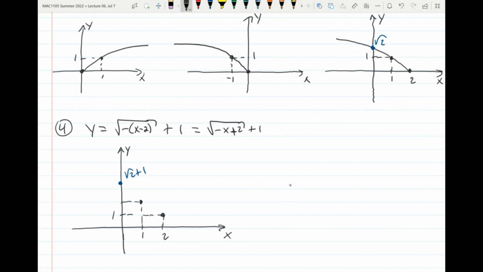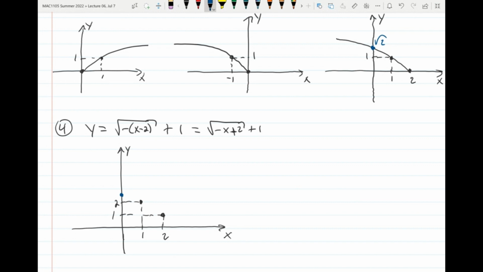Yes? What happened? Isn't that 2 point something? Yeah, 2 point something. So it's below 3. It's before 3. It was going to be very uncomfortable for me to draw it. It's like 2.41.